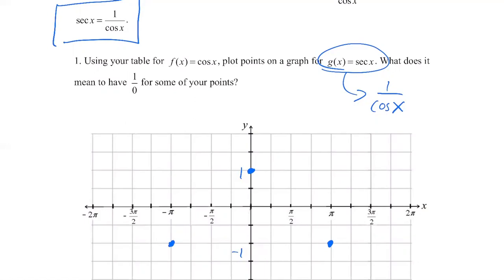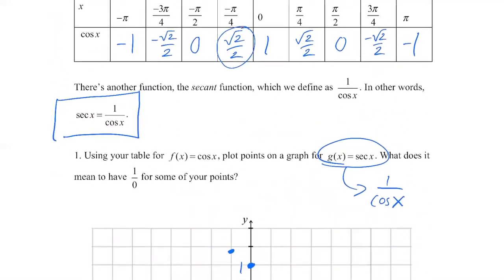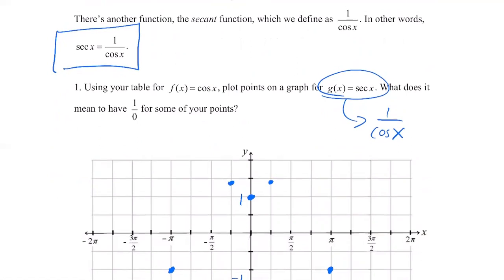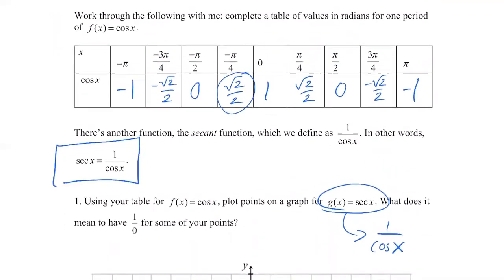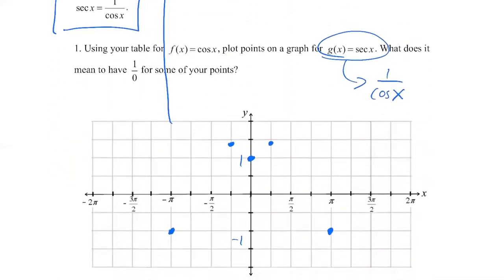So right about there, because remember we're looking at negative pi over 4. And pi over 4 had the same value, so that would put me right about there. Fascinating. And then when we did negative 3 pi over 4, that was similar, but it pushes down in the other direction.